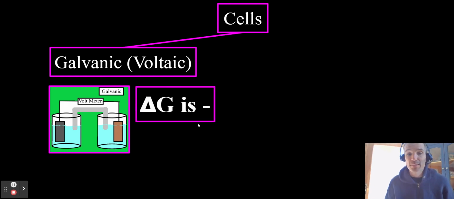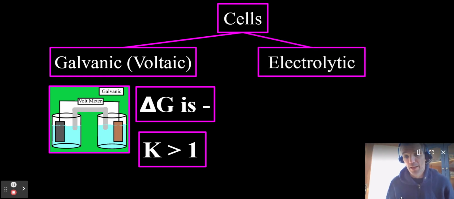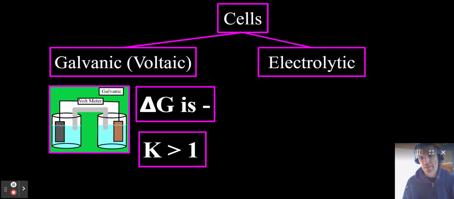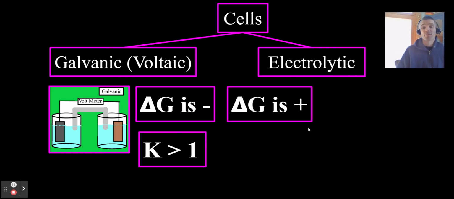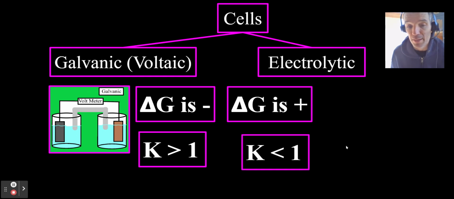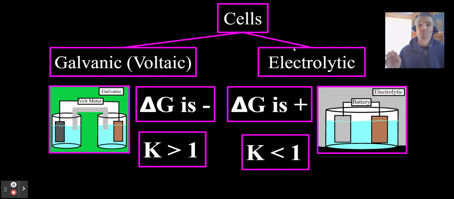They have a negative delta G, therefore they're going to have a K value that's greater than 1 because they're thermodynamically favored. And the electrolytic cells have a positive delta G, so they're going to have a K that's less than 1. This is going to be important when it comes time to predict them.